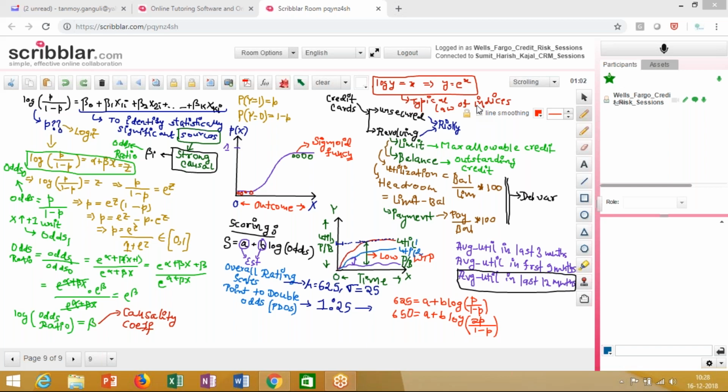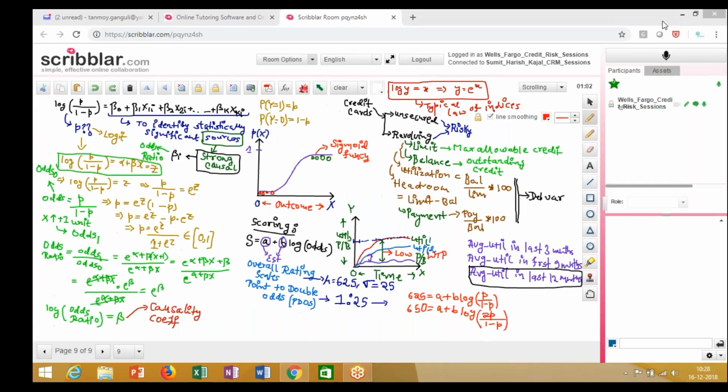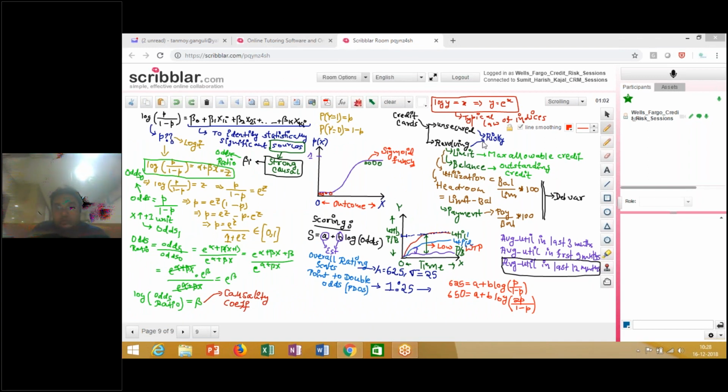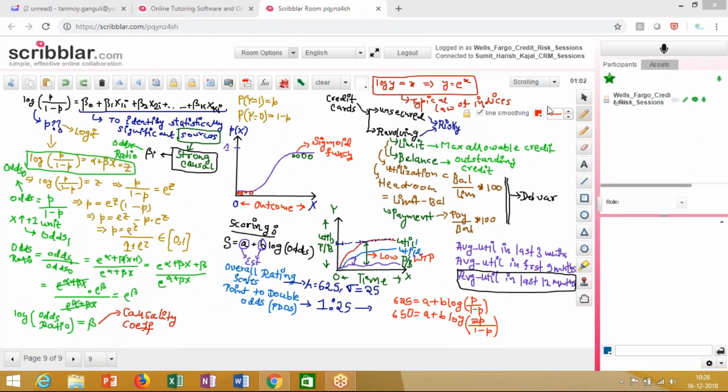Tanmay, I just wanted to clarify on point to double odds. If the point to double odds scale is 25, and the score increases by 25, like 625 to 650, does the probability of default also double?